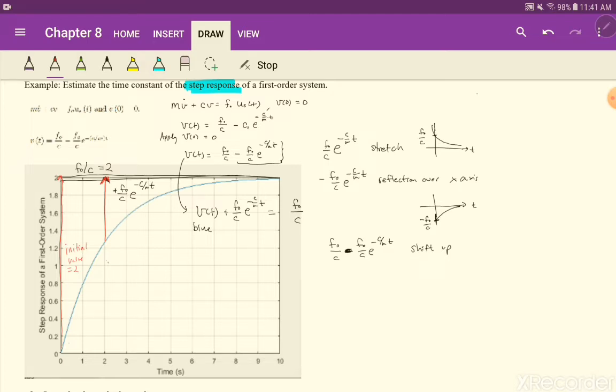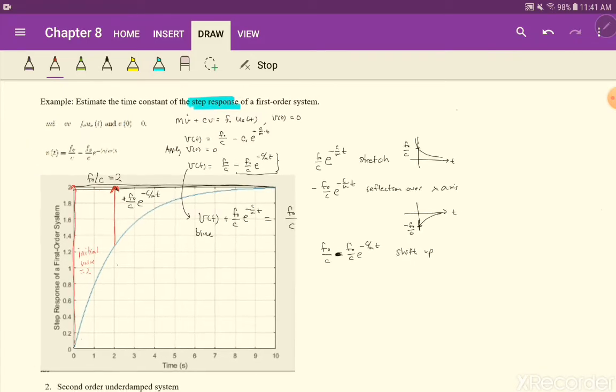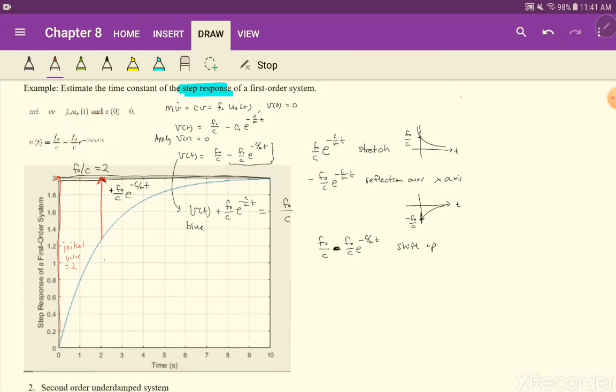So I need to find the spot where it's 1.5 away from 2. Can you help me with the math? I need to find a place where the gap between 2 and the blue line is 1.5. Did I actually do this math right? I'm not sure. Let me try that again. It's 37% times 2, which is 0.735.